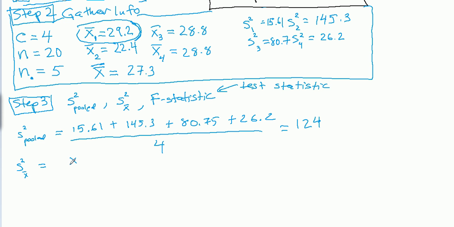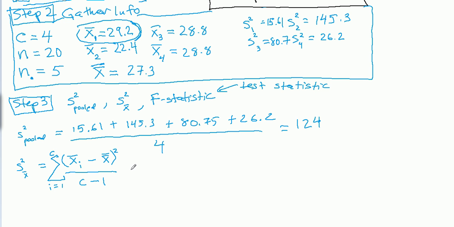We square it to take care of the problem of negative values. Then we divide by c minus 1. There's c of these, 4 of them, so minus 1. And we sum them all from i equals 1 to c. That's the formula we've discussed.